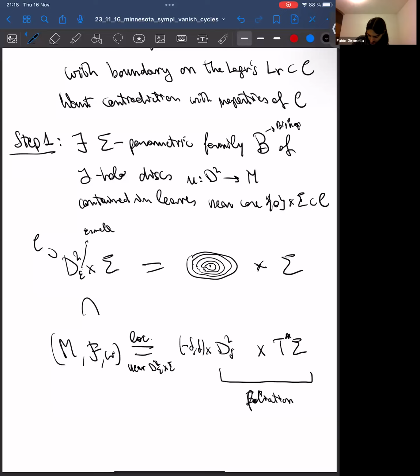The foliation just means that the first factor is constant, times the other two factors gives the leaves of the foliation. And in fact, the symplectic structure we see is really the standard one on the disk here, and the standard one on the cotangent bundle. So it's really a split picture here.